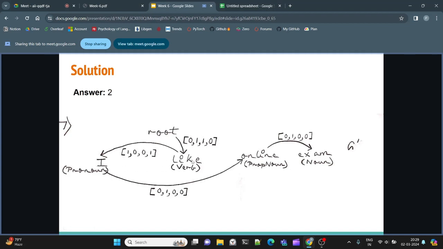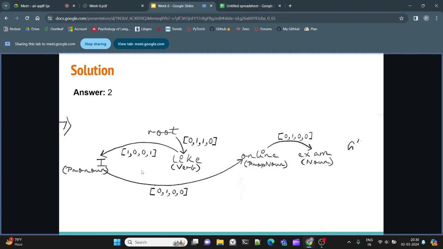Yes, I occurs before like in the sentence. So this is true, so this is 1. How about this arc? Here I is wi, this is wj. Does online occur before I? No, online occurs after I. So it is false, and here the value is 0.